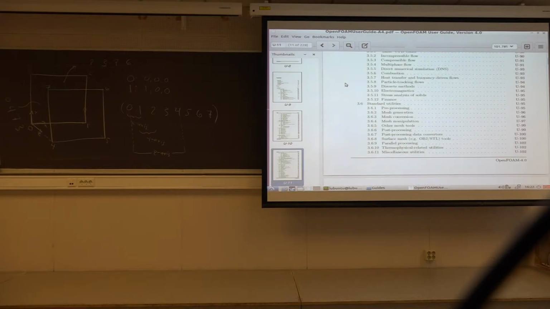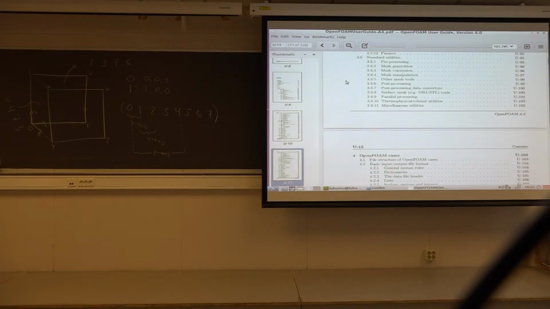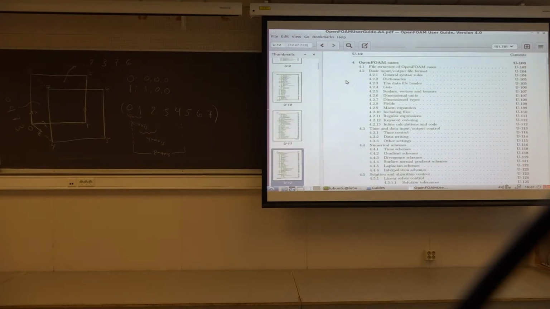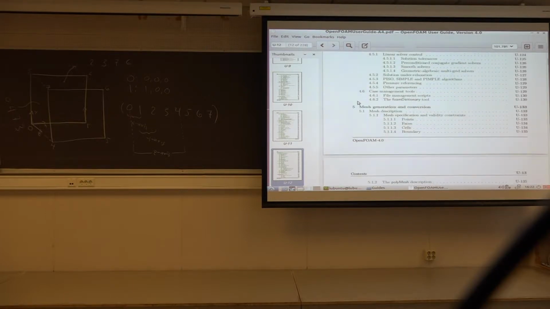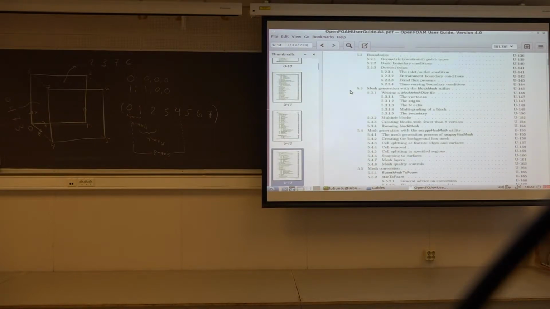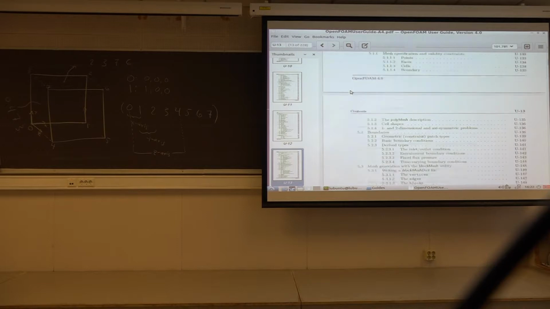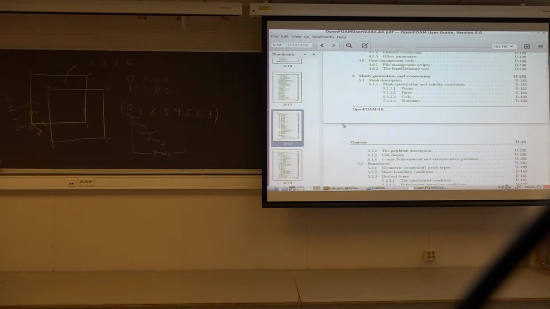So here you have a lot of utilities. And then here, OpenFOAM cases, a little bit in detail. We are going to address some of this, but not now. Chapter 5, that is a little bit of detail on how you play around with meshes.